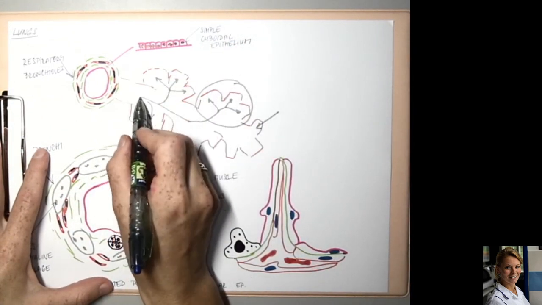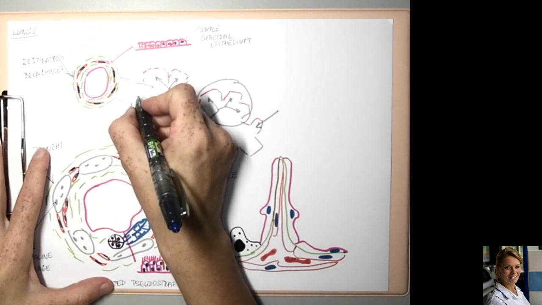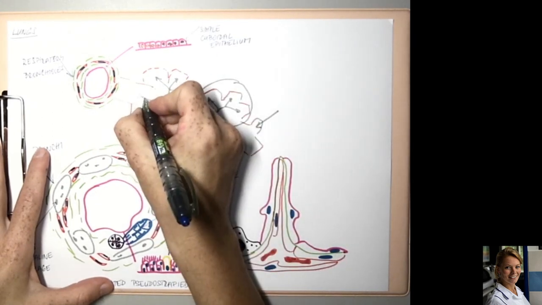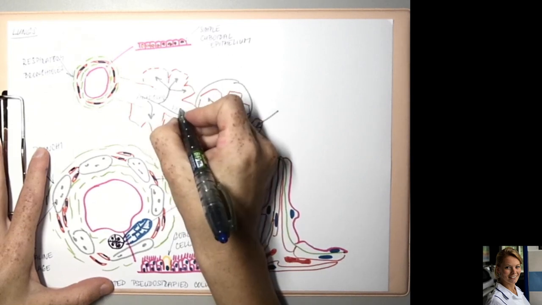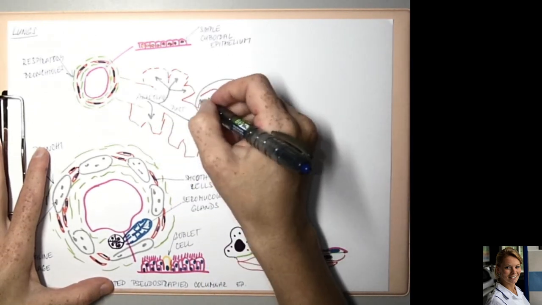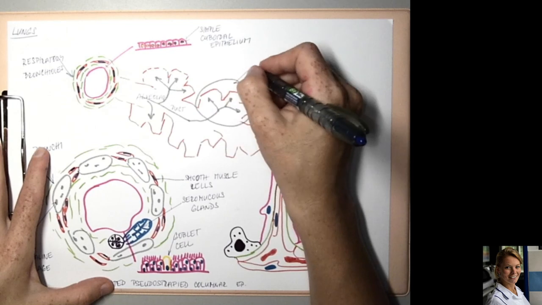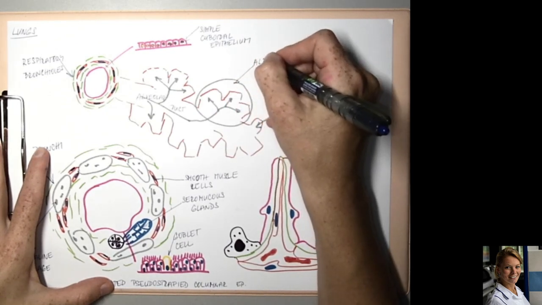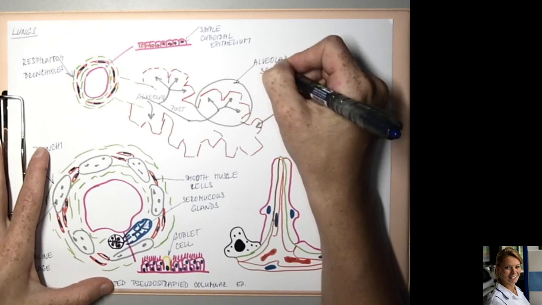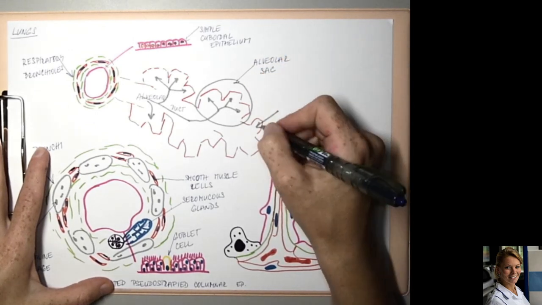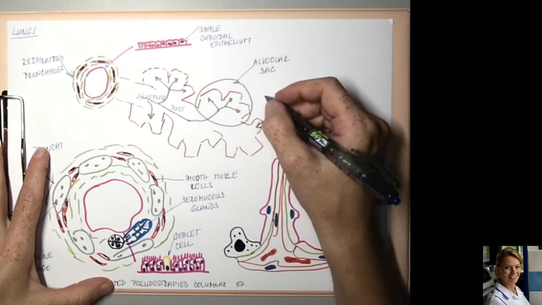This tubular structure is an alveolar duct. Here you can see alveolar sac and alveoli.